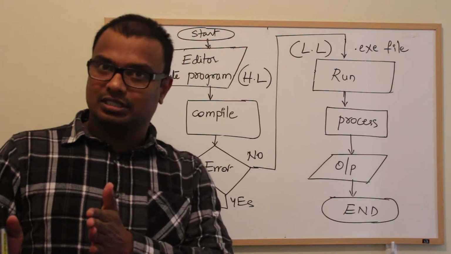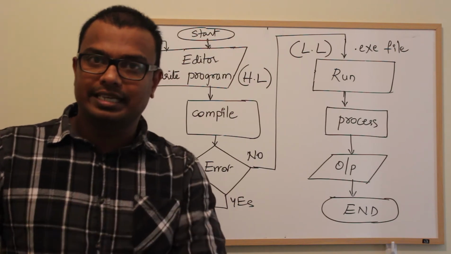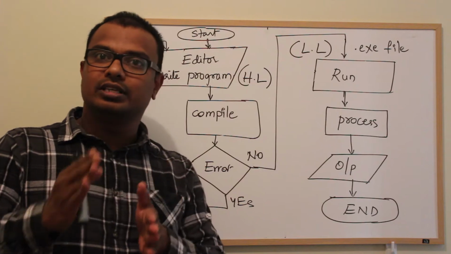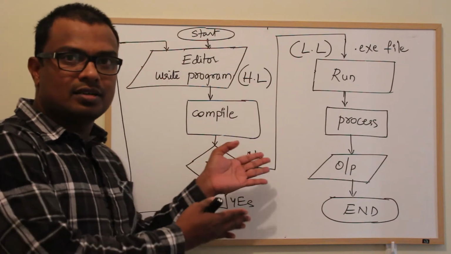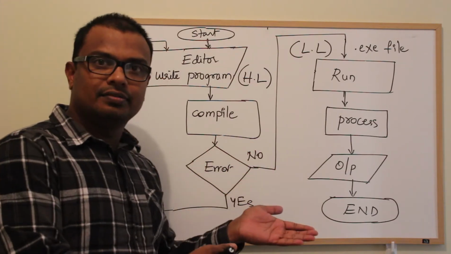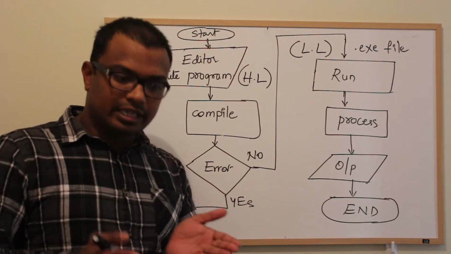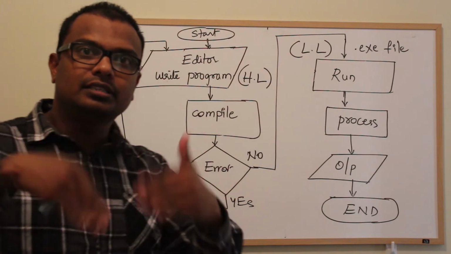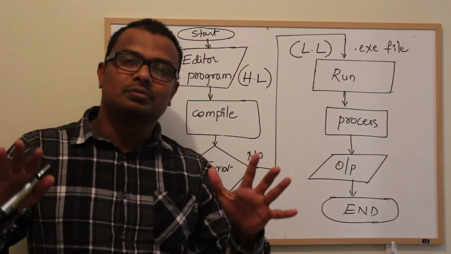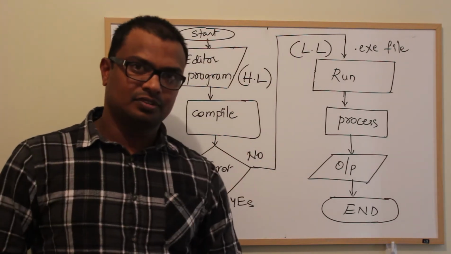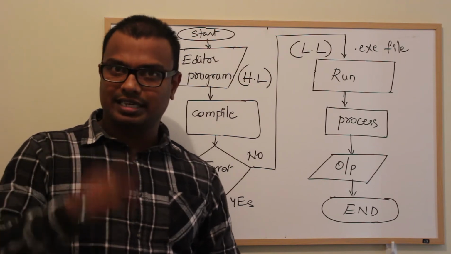Only zeros and ones. That is called binary language. Computer cannot understand what is printf, what is scanf. Everything has to be converted into zeros and ones, then given to the computer. Then the computer understands and performs as per the instructions. That zeros and ones is called low level language.